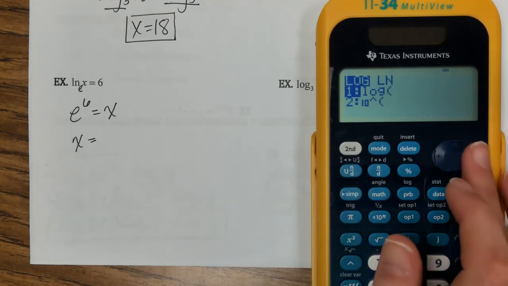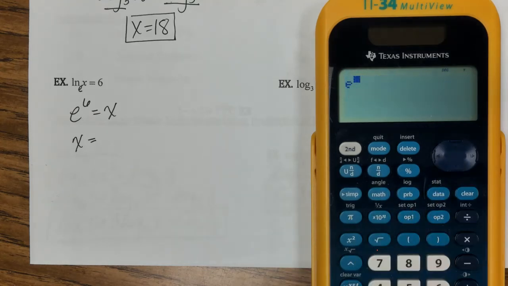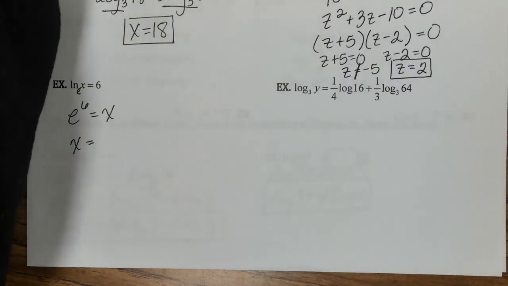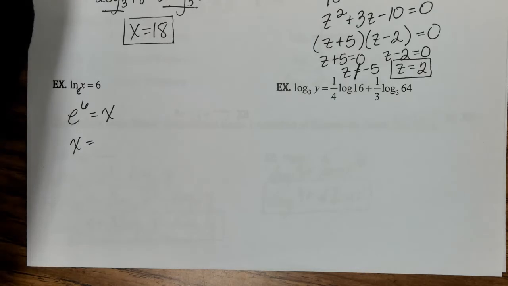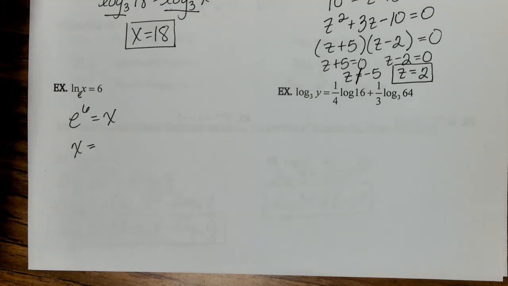Go to natural log, then go down to your e to the 6th. Okay? With your Inspire, you're going to have just one button there. You've got the E button already there. So 403.429.